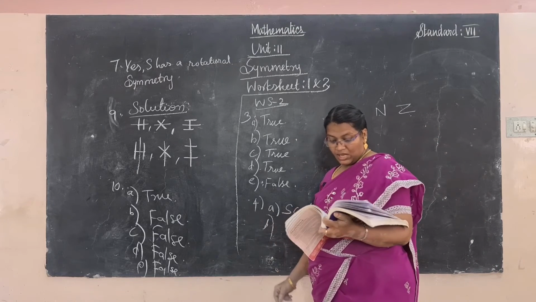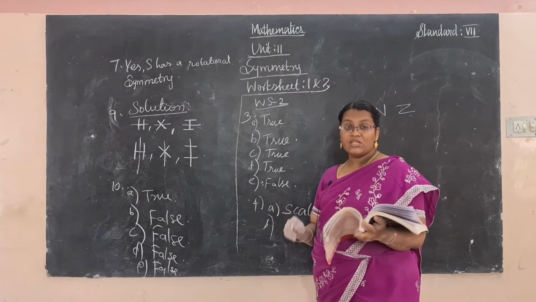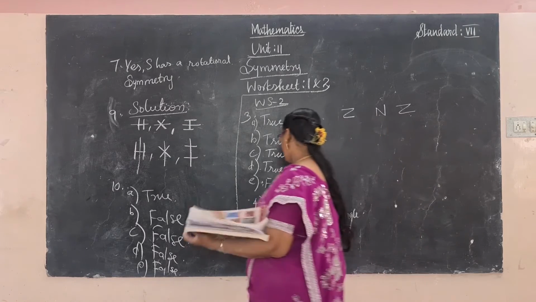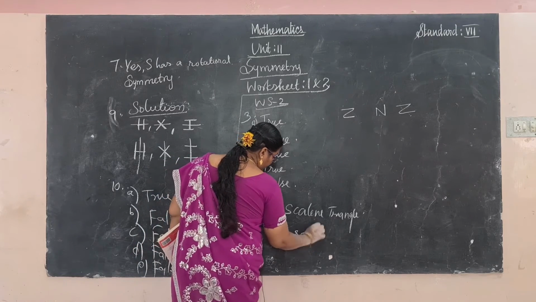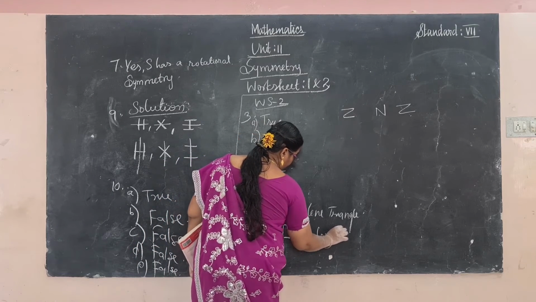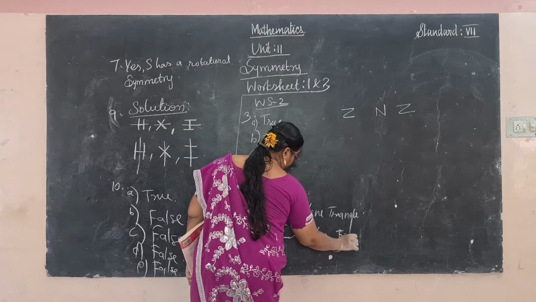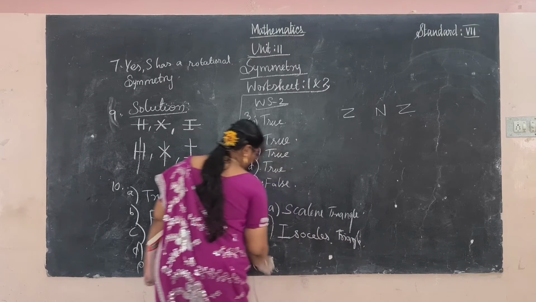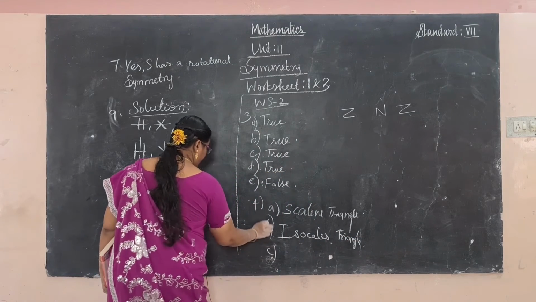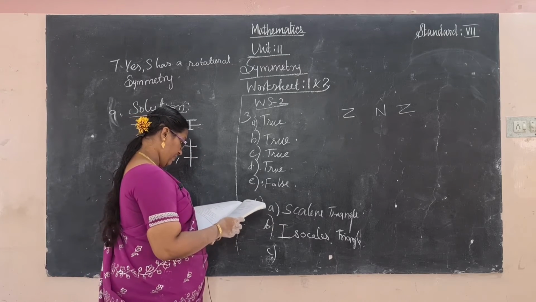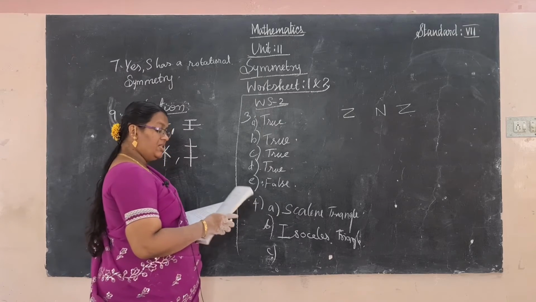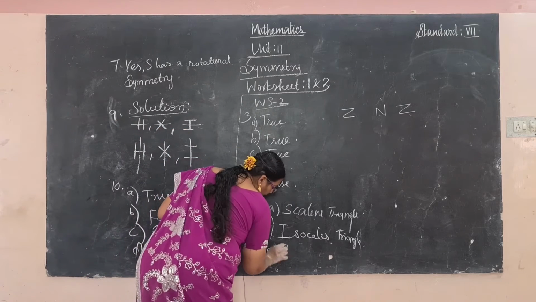B, only one line of symmetry, isosceles triangle. Three lines of symmetry, equilateral triangle. Okay.